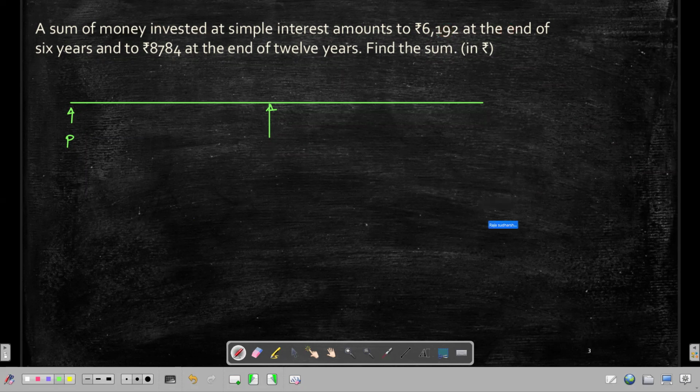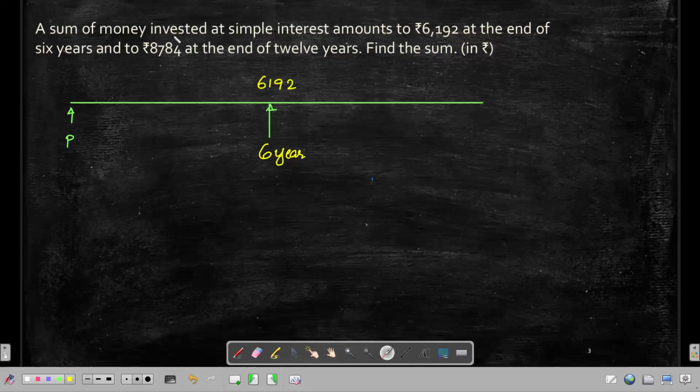So when you see that it's 6 years, this principal amount has grown and it has become 6,192. Okay, this is what happens at the end of 6 years. Further, it is given the same principal amount invested grows and amounts to 8,784 at the end of 12 years.